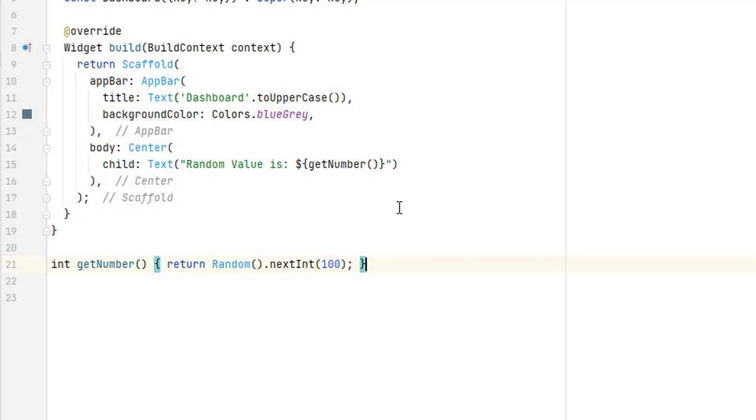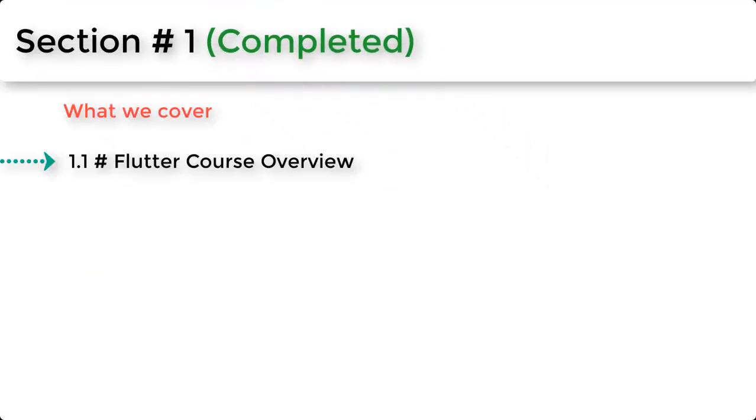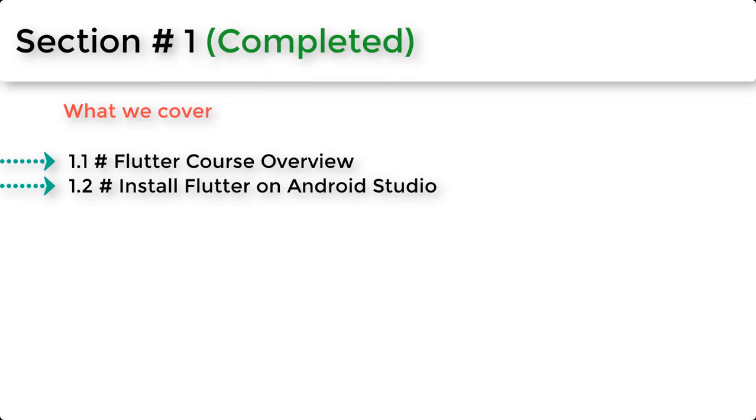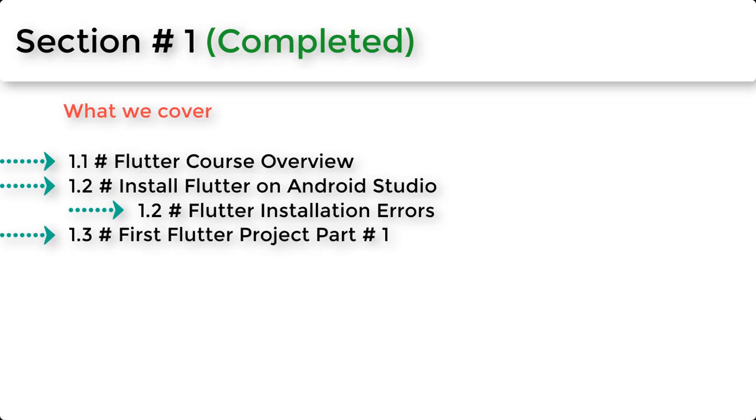This was a very simple and very useful tutorial. So now let's quickly have a recap of section 1 and what we learned. The first video was the overview video. Then we started with the installation of Flutter, and after the installation we also learned what types of errors can occur while installing Flutter, and I also added a link in the description of that video where you can find a solution to any type of error while installing Flutter. After that, we created our first Flutter project.